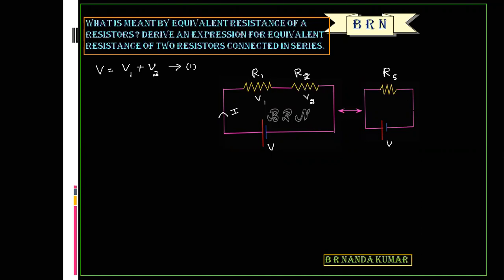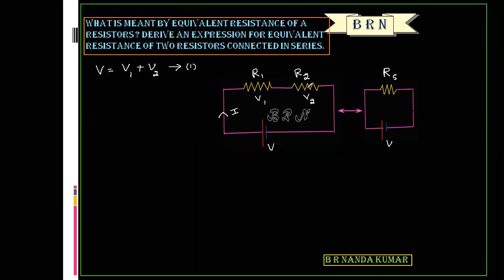When two resistors are connected end to end, the resistors are said to be in series. If they are connected in series, the current flowing through each resistor is the same.